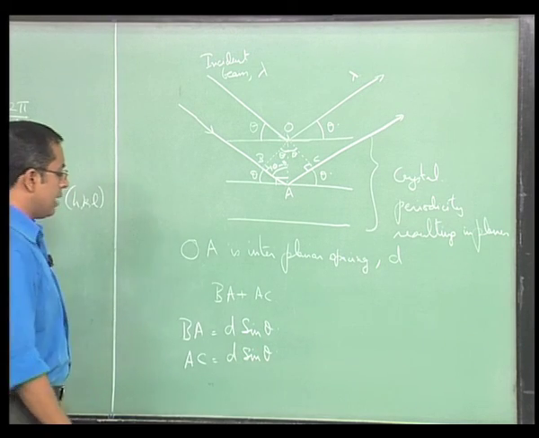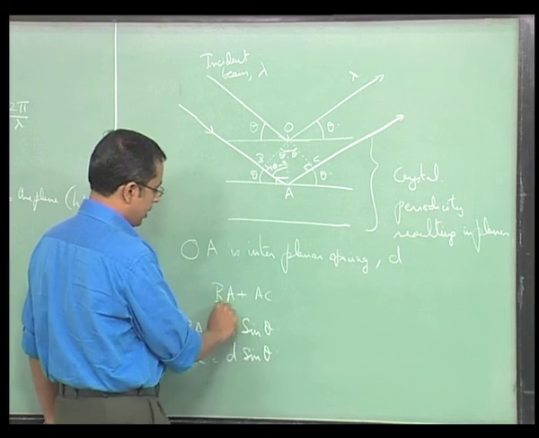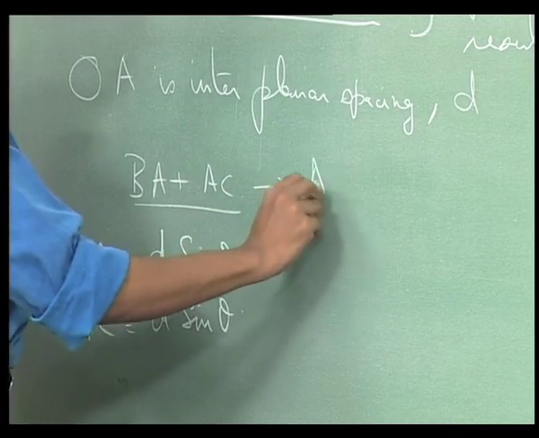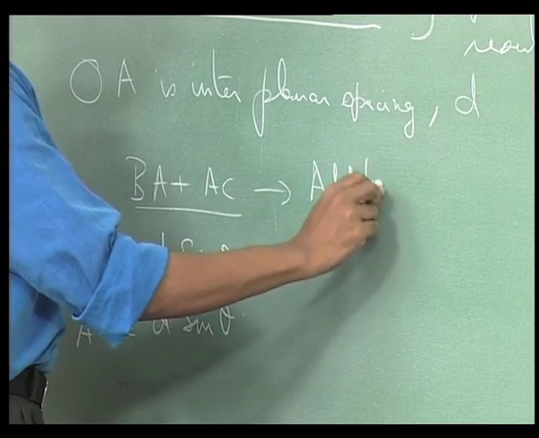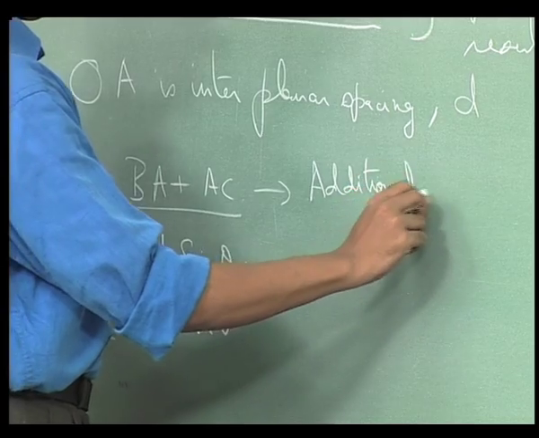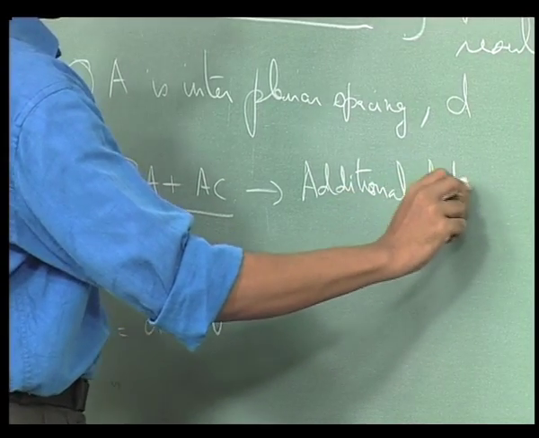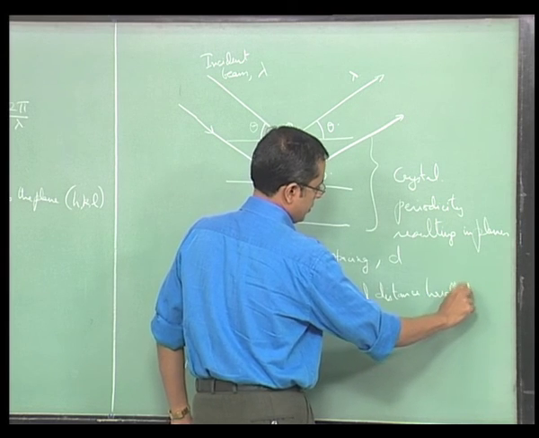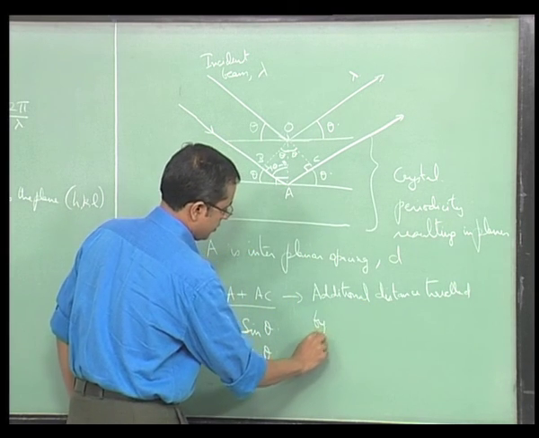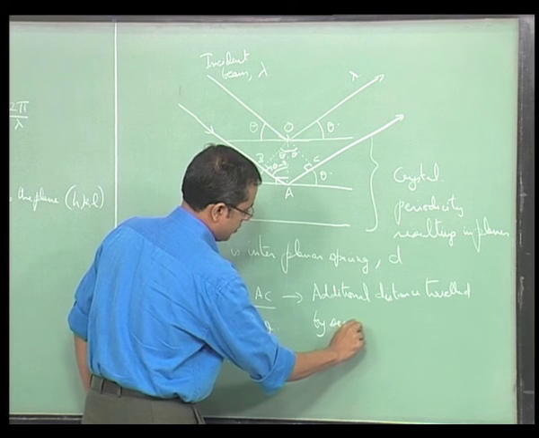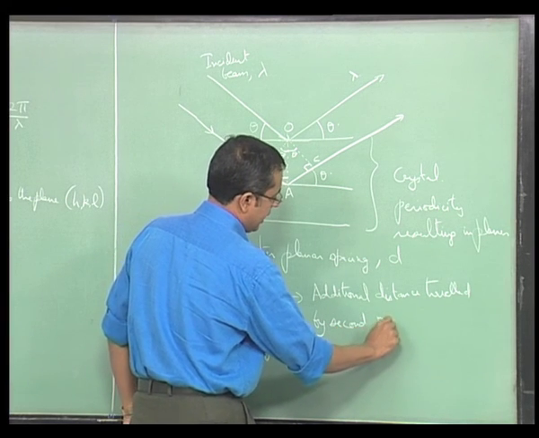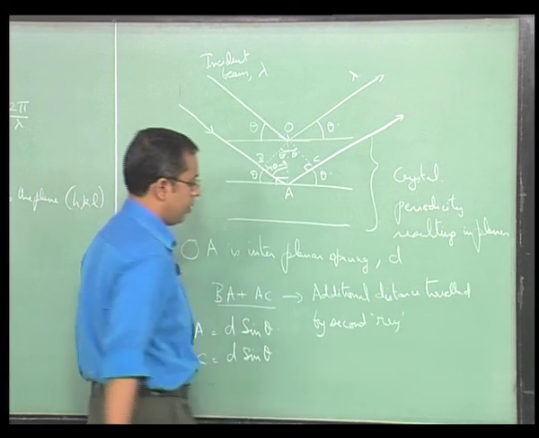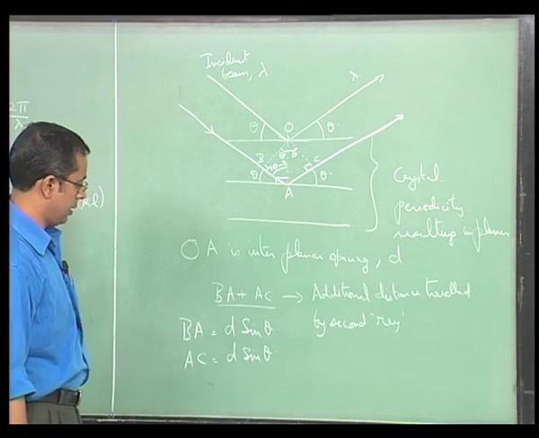So this is the additional distance for the second ray, if you want to call it that, second ray of that beam of rays.